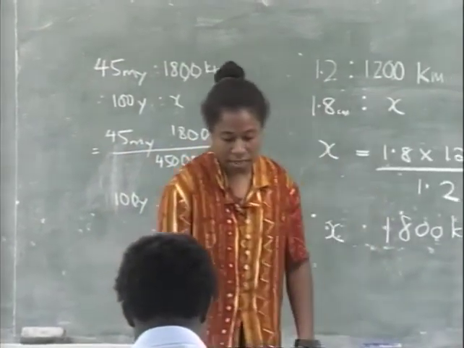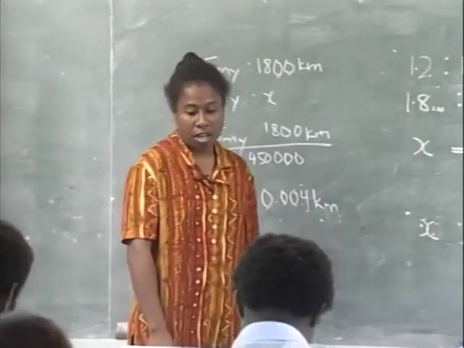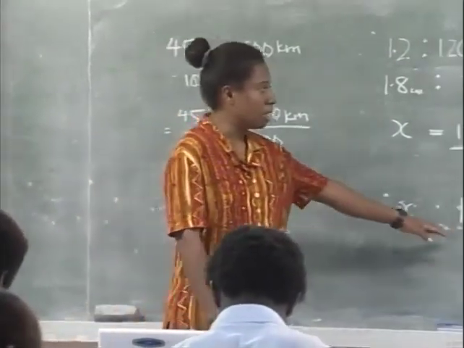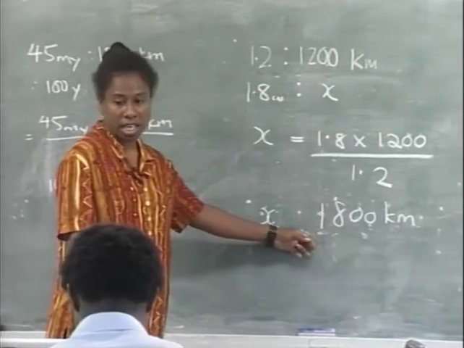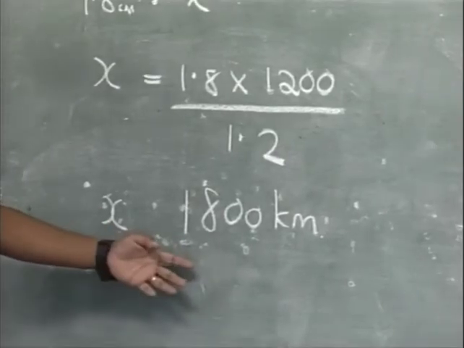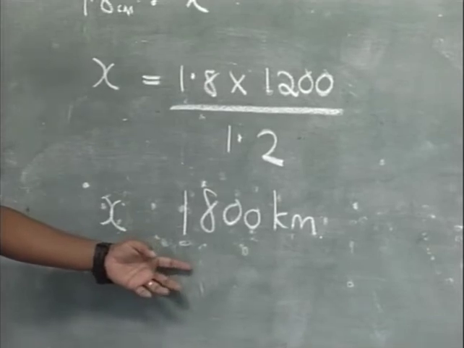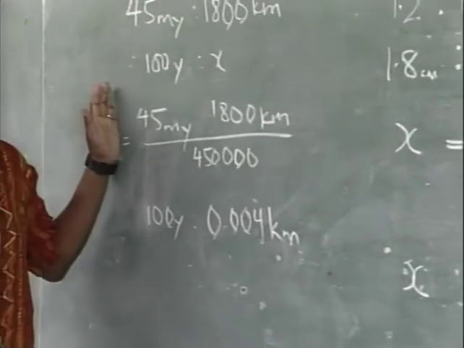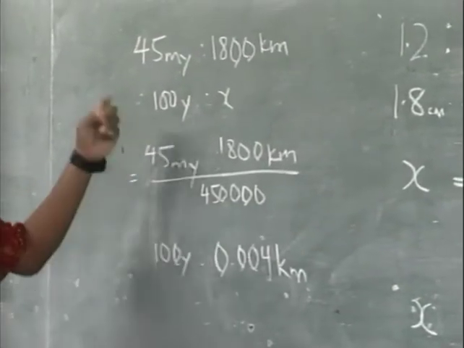Okay, we're looking at trying to find out approximately how far will Australia have moved every 100 years. This information here tells us that 45 million years ago to today, this is how far Australia has actually drifted, 1,800 kilometers. Now what she's done here in her calculations is actually correct to come up with our answer.